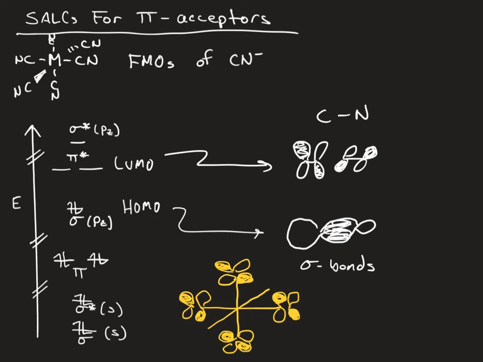However, they're still going to bind to a metal center in exactly the same way that those pi donor type ligands will bind in. Only now, for example, with the dxz type orbital, we have empty pi type orbitals that are binding into the metal center as opposed to filled pi type orbitals.